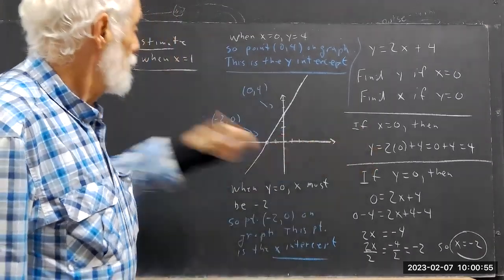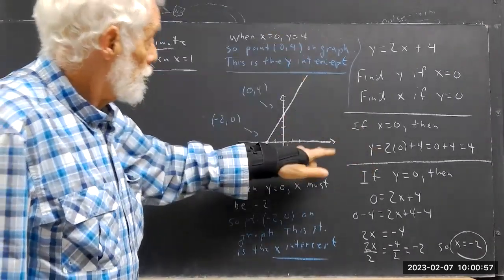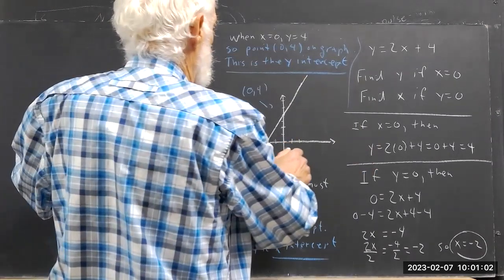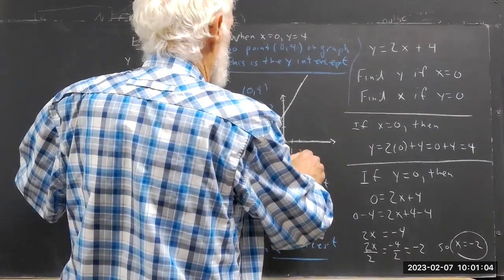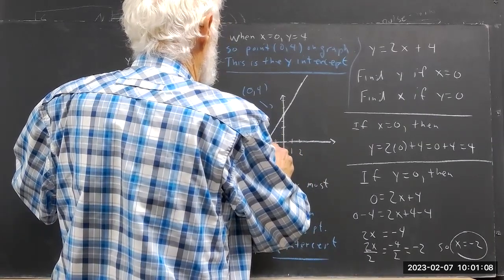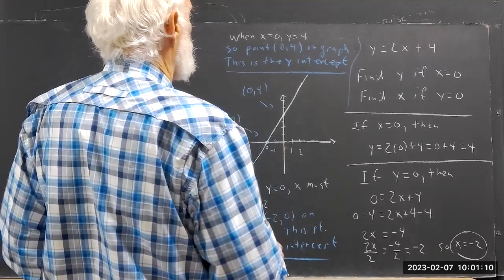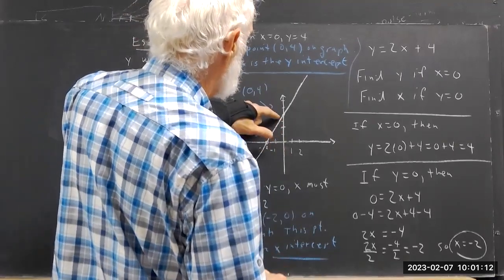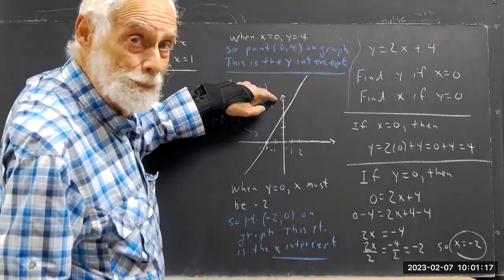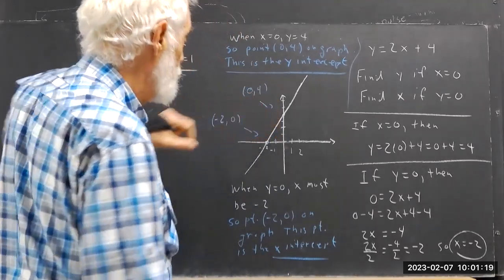It's not over here, it's not back here, it's not up here, it's right here. So there's 1, there's 2, there's -1, and here's -2. Here it's 1, 2, 3, 4 at equal distance. You got 5 and you got 6, right? Your units are the same all the way through.